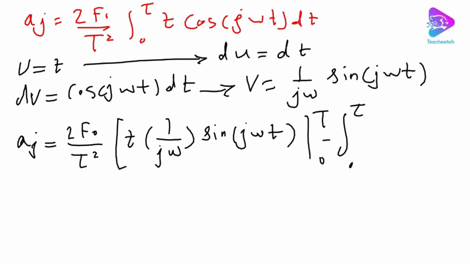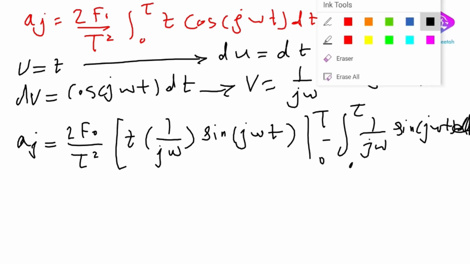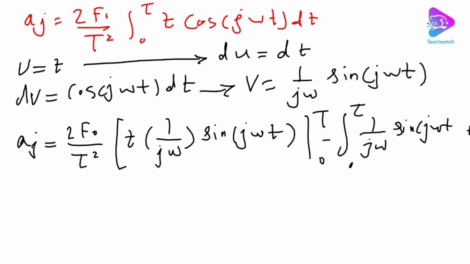V we know, and du is just dt, so we have 1 over j omega sine j omega t dt, right? Again, the purpose is not to find the integral, it is to know how to use that.